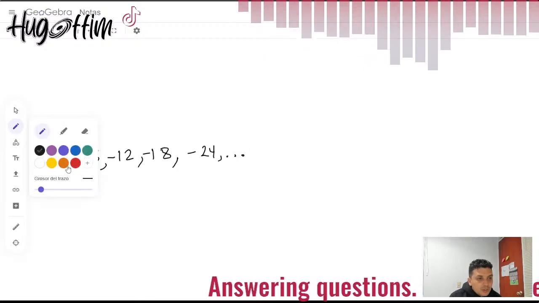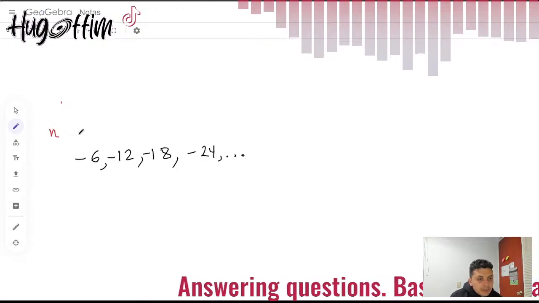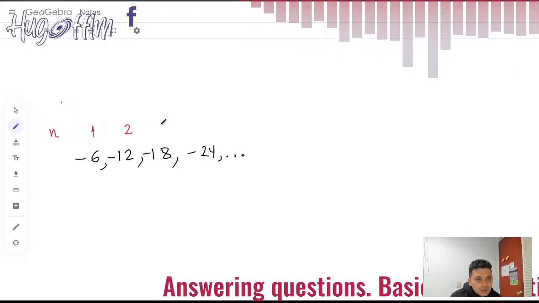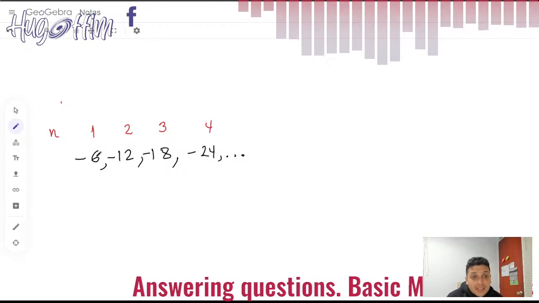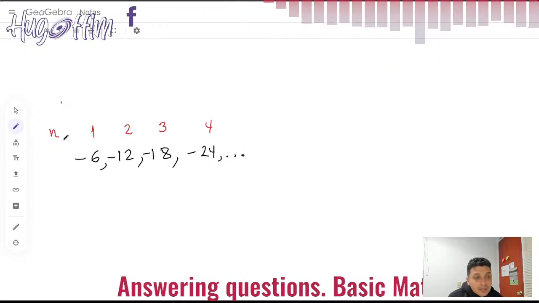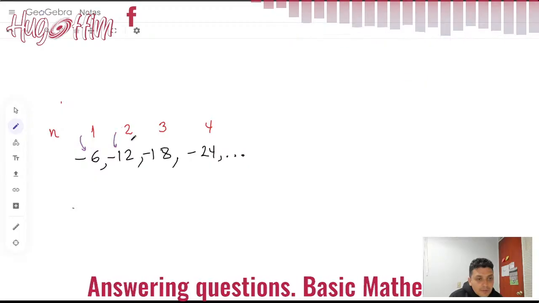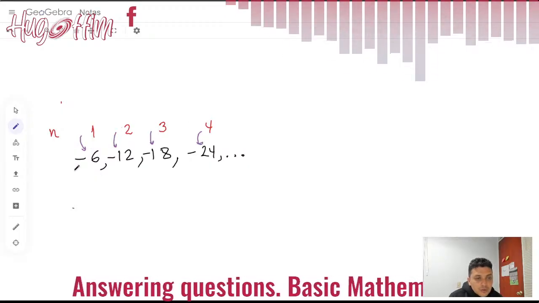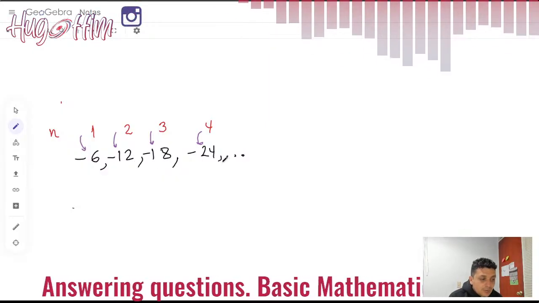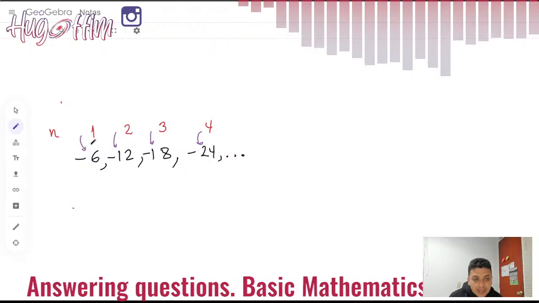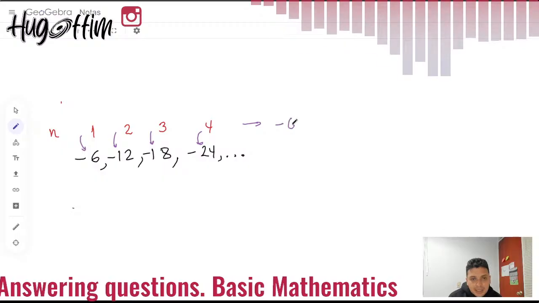What I suggest is to put, above your sequence, the terms n: 1, 2, 3, 4. If you don't want to memorize the strategy of adding each time, you can also try to find out what operation you're doing to the numbers 1, 2, 3, 4 to reach the numbers negative 6, negative 12, negative 18, negative 24. In this case, you're multiplying times negative 6. So the sequence is going to be negative 6n.